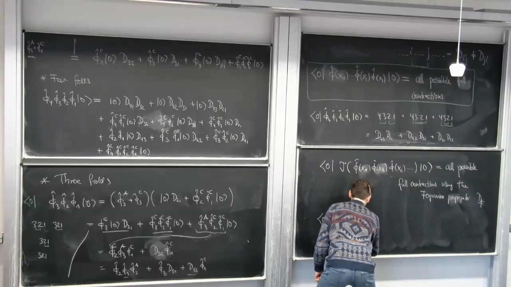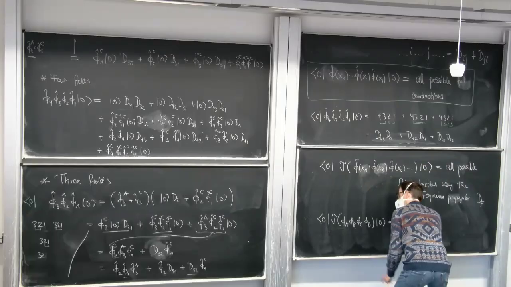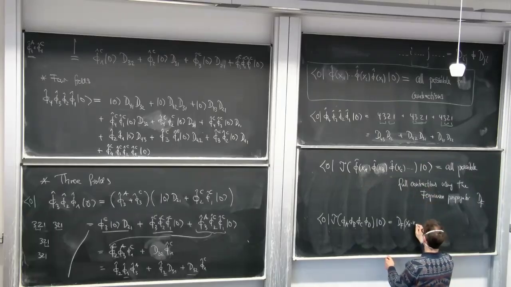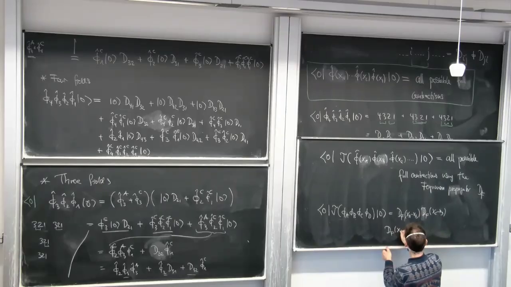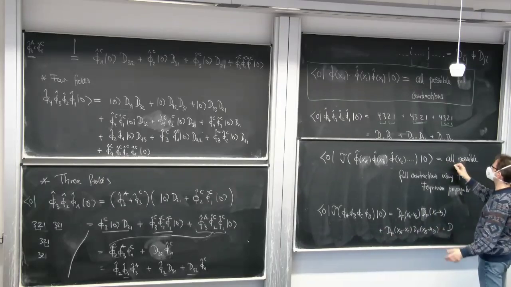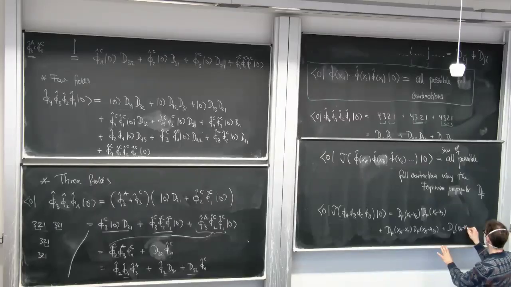Phi A, phi B, phi C, phi D is equal to DF, AB, that's in brackets, the parentheses, XA minus XB, DF XC minus XD, plus DF XA minus XC, DF XB minus XD, plus DF XA with XD and XB with XC.